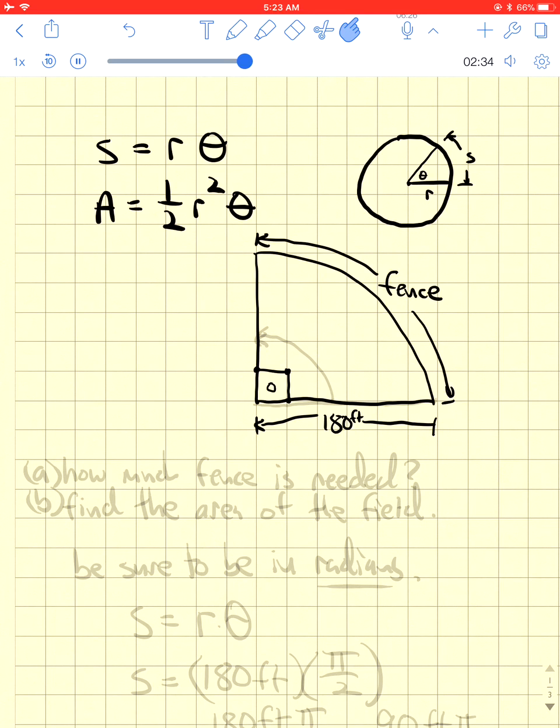A: How much fence do we need? So we need to calculate a length. And B: What is the area of the entire field? Find the area of the field.